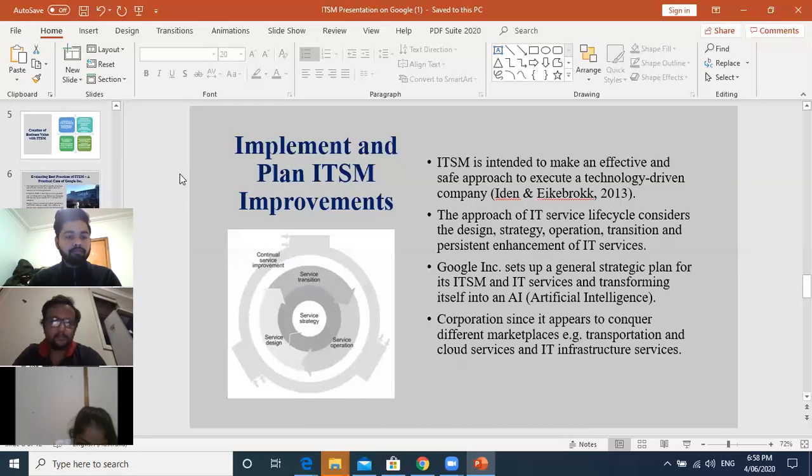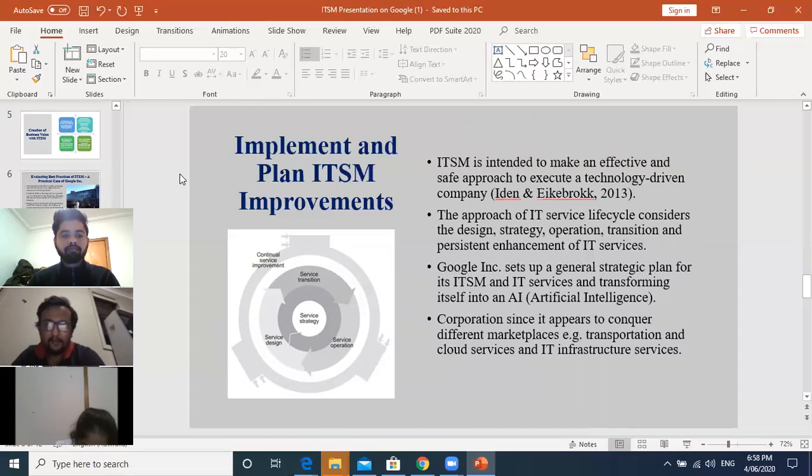Thank you, Rishabh. Now I'm going to talk about the implementation and planning of ITSM improvements. Firstly, there are 5 stages of service life cycle, and they are service strategy, service design, service transition, service operation, and service improvement. And all these stages are very important because they provide best practices, practice guidance for IT service management.